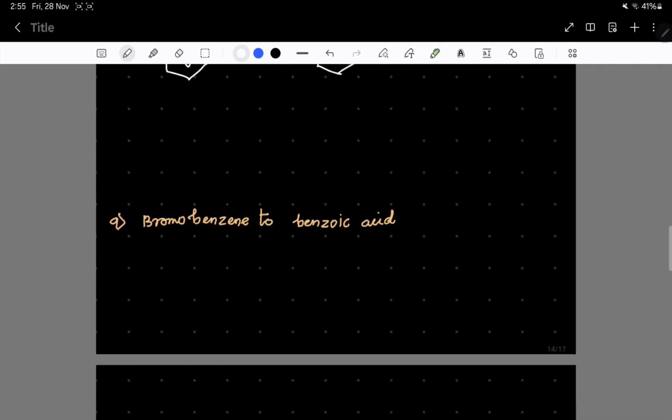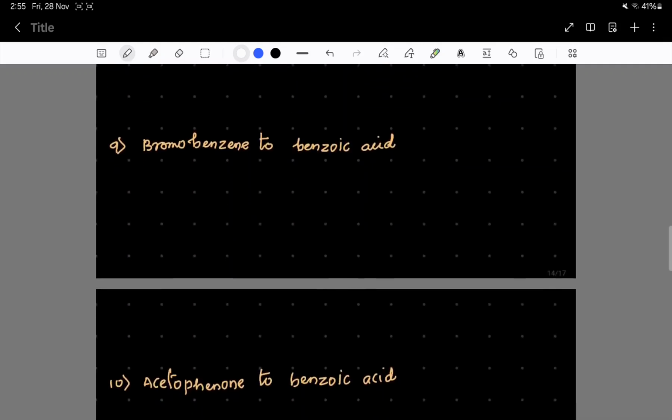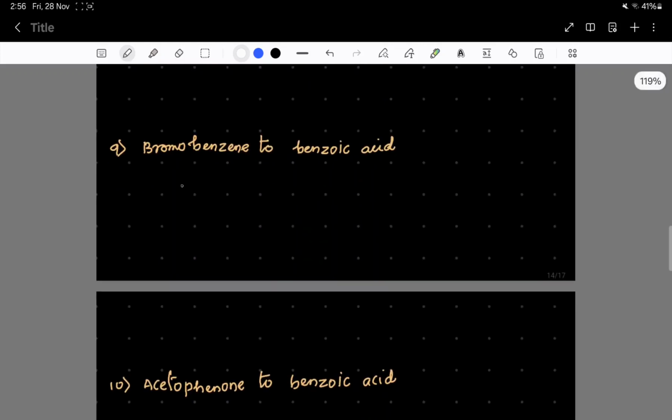Next, bromobenzene to benzoic acid. This is bromobenzene. Now this bromobenzene is to be converted into benzoic acid. Now we will do one thing, student.